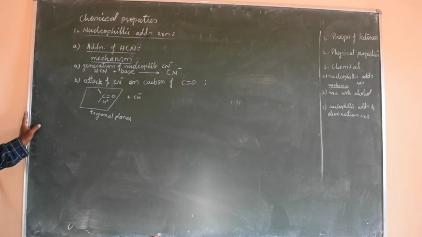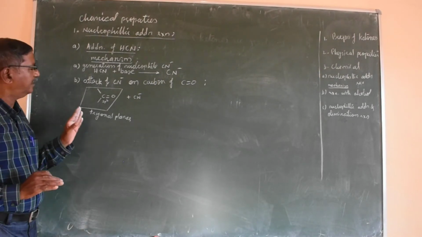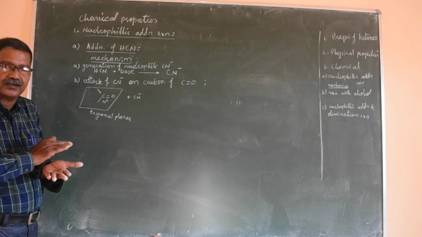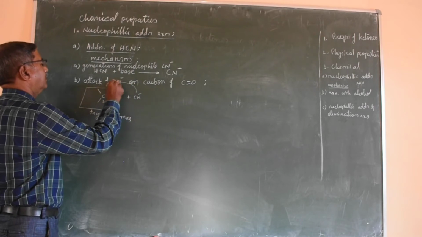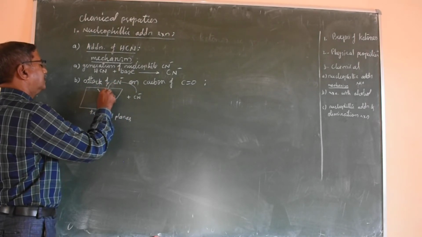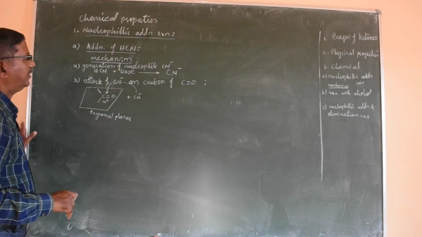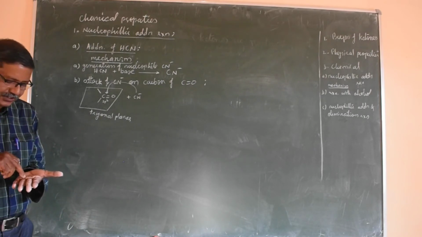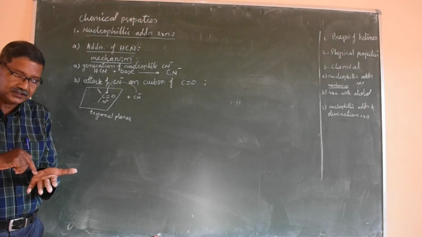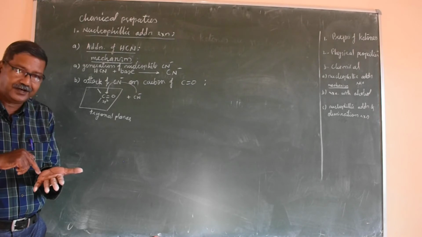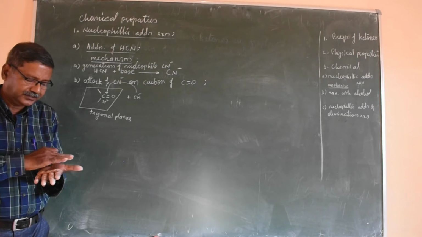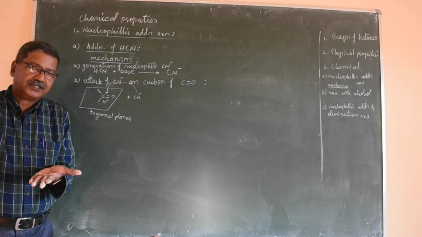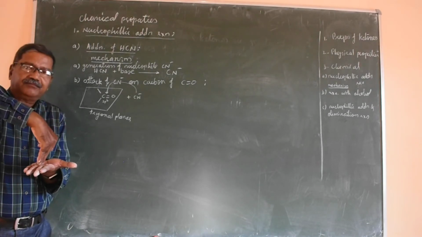Whenever we have sp2 hybridization, we know the geometry is trigonal planar. CN minus attacks the carbon in the direction perpendicular to the plane. For a ketone it's R and R dash, for an aldehyde it's R and H. This is the plane, and CN minus attacks perpendicular to it.